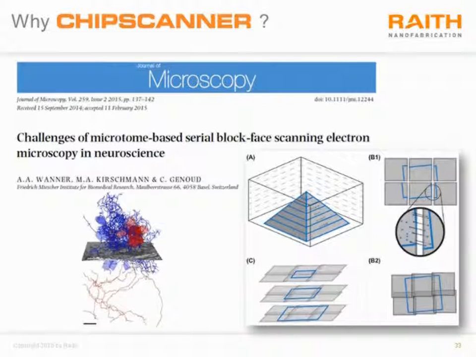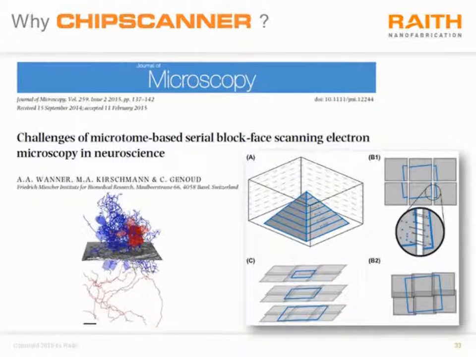Here in this figure, you see that large overlaps are being applied and software is being used to try to correct for stitching errors in the traditional electron microscope. Now, this is essentially the same challenge that semiconductor reverse engineers have been faced with over the last 15 years.